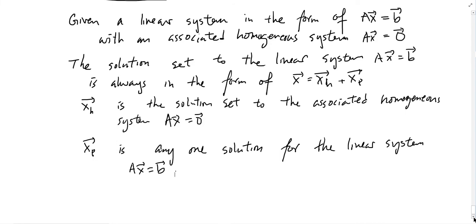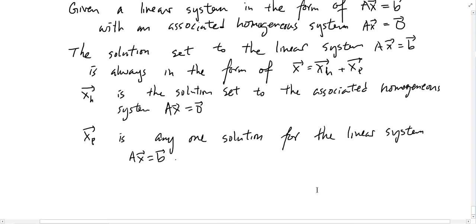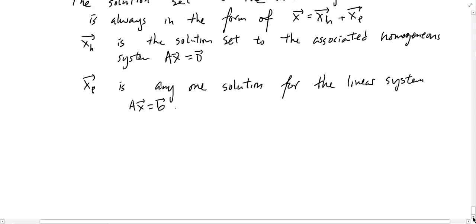And what did we learn in chapter 1 about parametric representation? It is not unique. So there are a million trillion different ways to represent it. And here, it illustrates that concept by allowing you to use any one of the infinite solutions to represent x sub p. And then combine that with x sub h, it becomes your solution set.